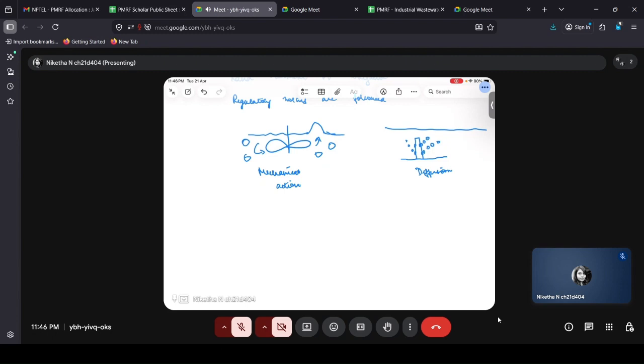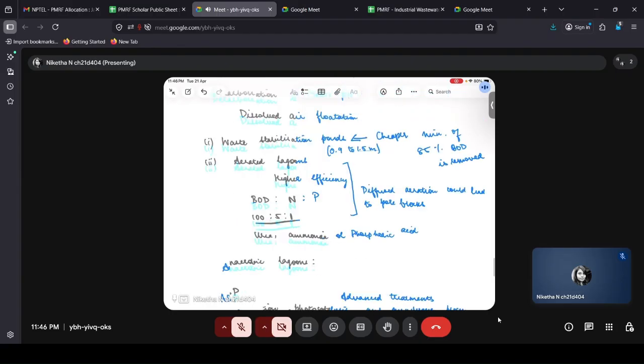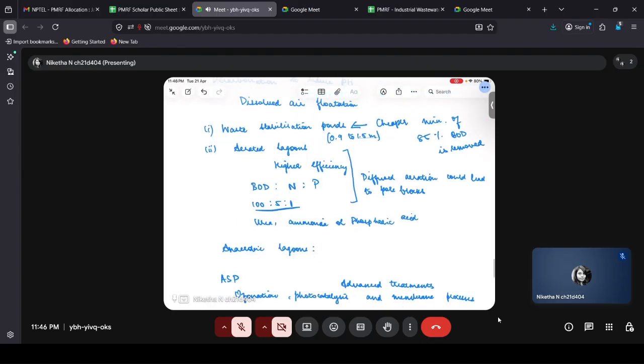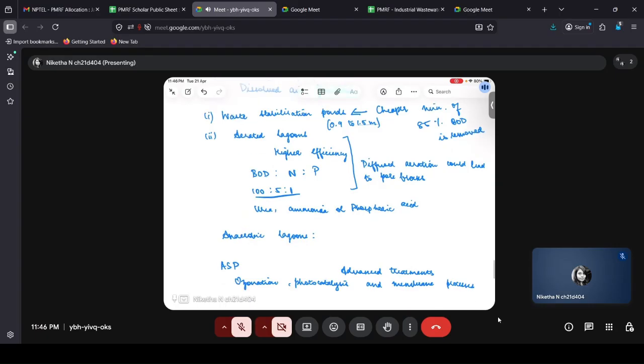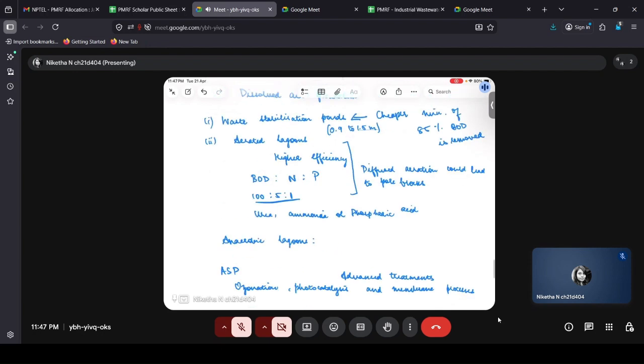In aerated lagoons, because of the high solids content from the paper industry, we cannot use diffused air aerators, because the pores could get blocked by the solids. In such cases, mechanical aerators are better.